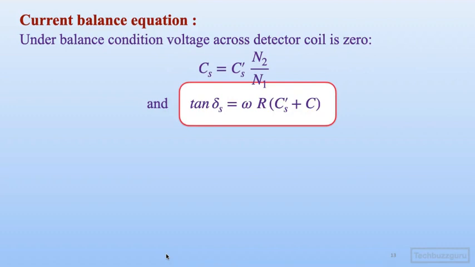These equations generally we have to use directly. Of course, when we study at a secondary level, we always try to draw the phasor diagram and arrive at the conditions. So here you can directly express these equations and use them for the purpose of evaluating unknown capacitance.